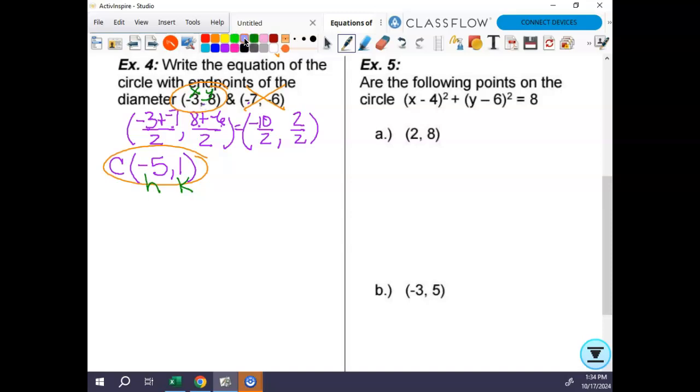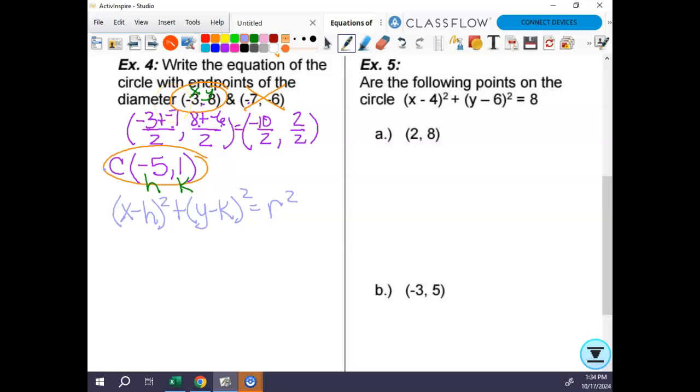That means that I'm going to write down my equation, (x minus h) squared plus (y minus k) squared equals r squared. To actually write the equation, I need the center and I need the radius. I have the center. I can figure out the radius by using a point on the circle, right?